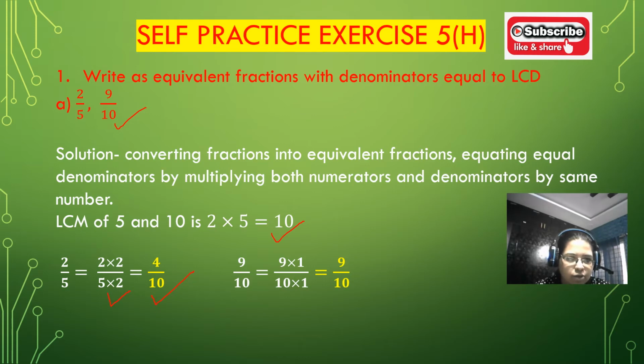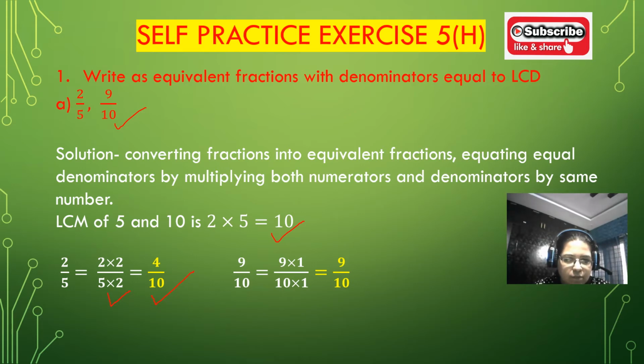Now we have to convert the second fraction 9 divided by 10 into the equivalent fraction with denominator equal to the LCM of the denominators 5 and 10, that is 10. We know denominator 10 multiplied with 1 is 10, which is equal to the LCM or LCD of 5 and 10.